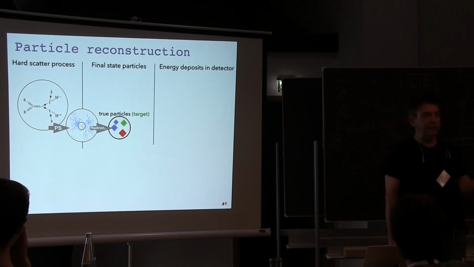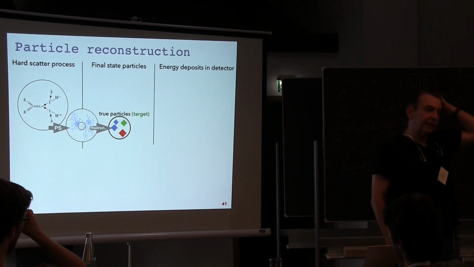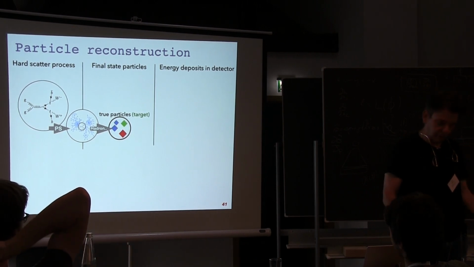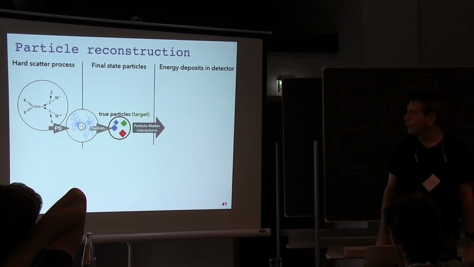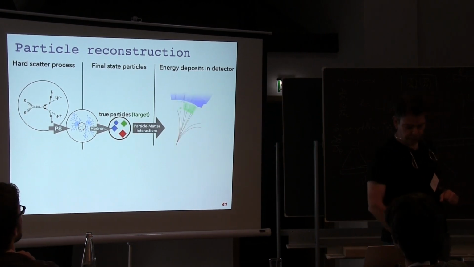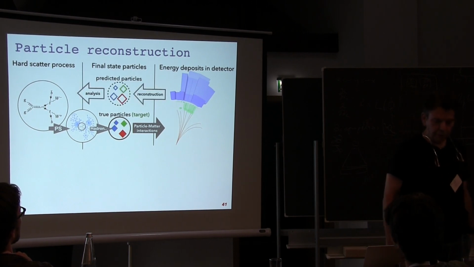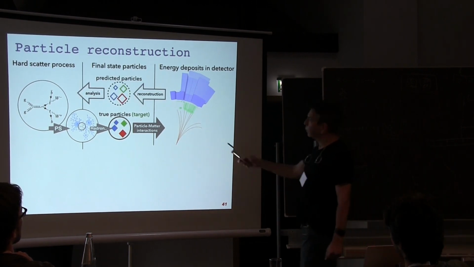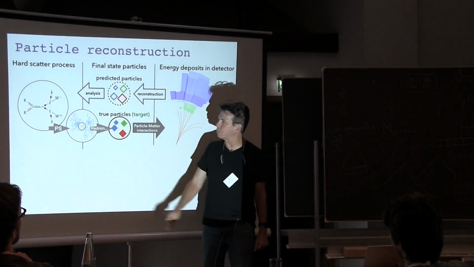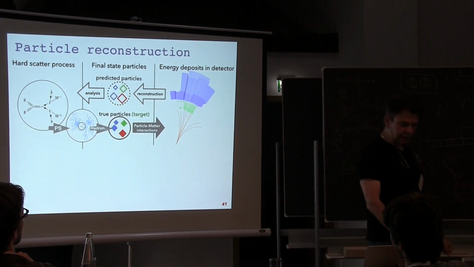The target is a set of the truth particles. We know it because we train with simulation. This will go through interactions in the detector, and we try to reconstruct it, to predict these particles. Then we can do analysis.